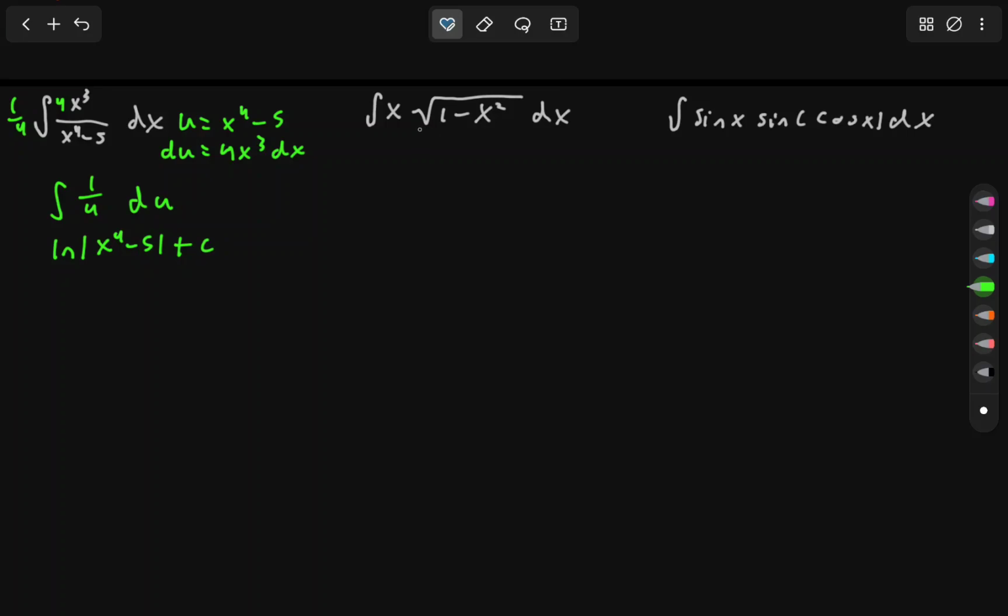Alrighty, for this next integral, once again, I think we can see that inside of here, we have a u. So our u is going to be x squared, and we can see that the du is here on the outside, the x. So our u is x squared, and then our derivative of u is going to be 2x, and then the differential of that is going to be 2 dx.